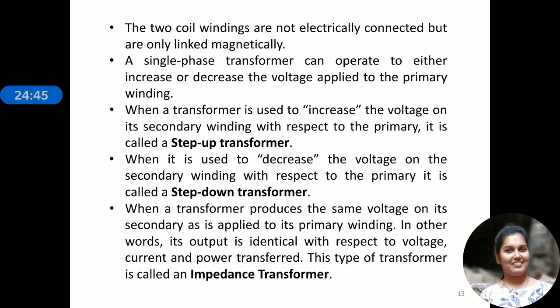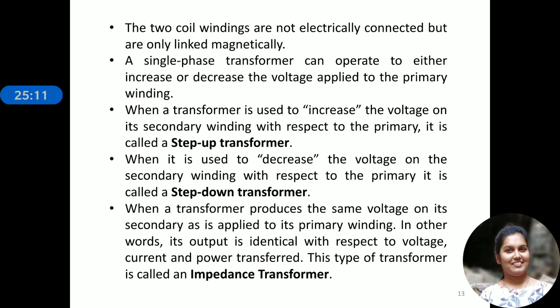And the other type of transformer we see is one in which the transformer produces the same voltage on its secondary as is applied to its primary winding. That is, the same amount of voltage is there for the primary as well as the secondary. In other words, its output is identical with respect to the voltage, current and power transfer.